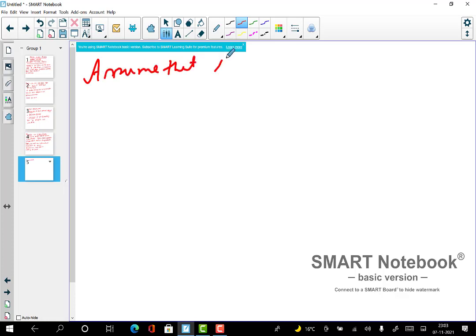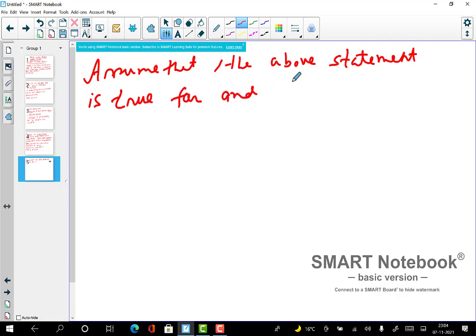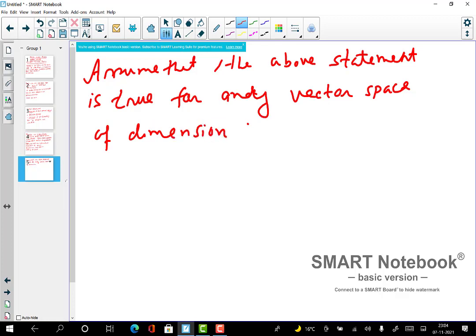Assume that the above statement, meaning the theorem statement, is true for any vector space of dimension less than n.